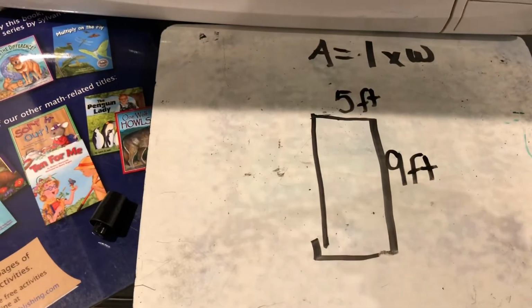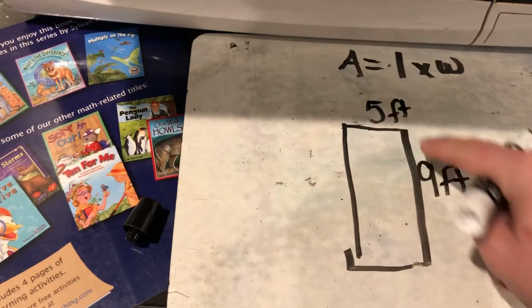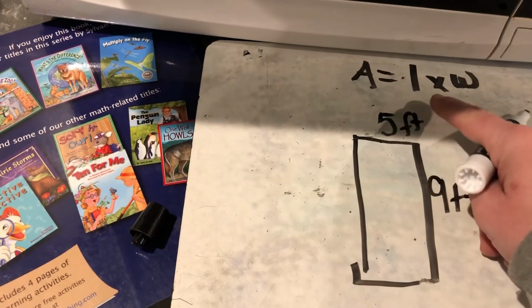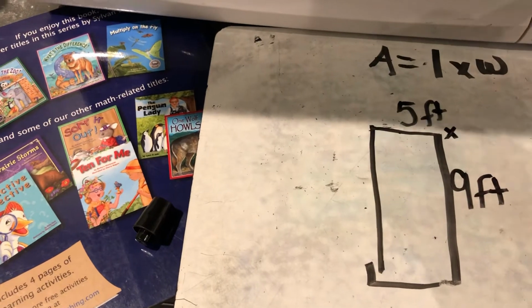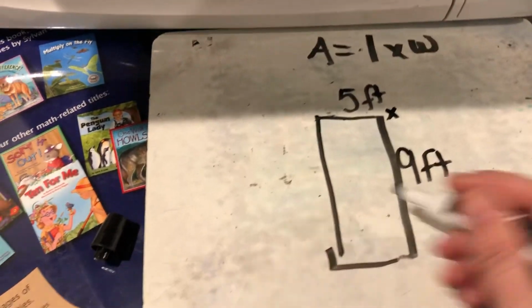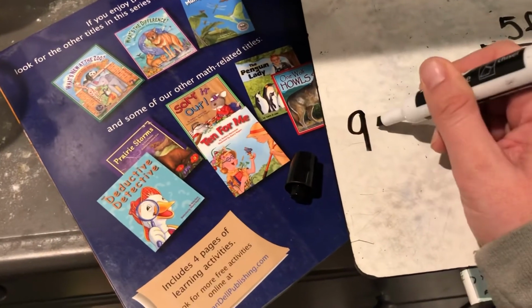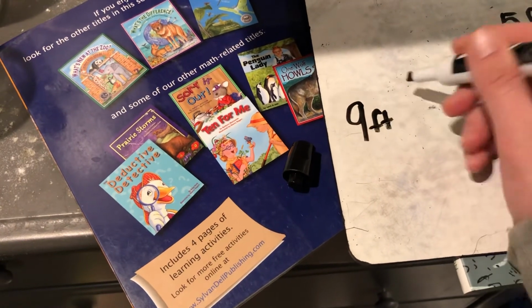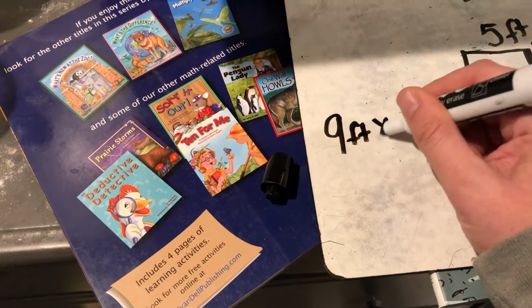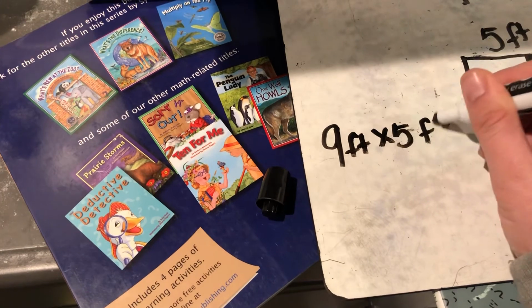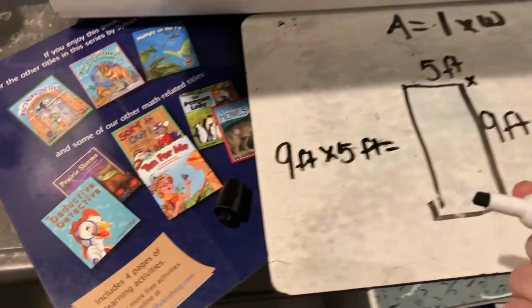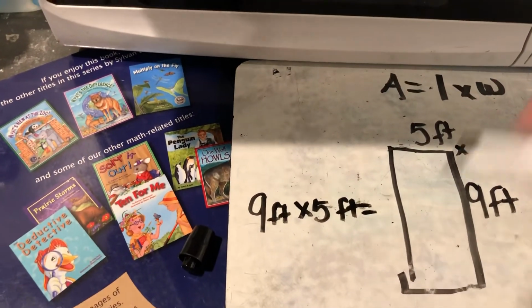All right, so how do we find area of a rectangle? We take the length, the long side, we multiply it. I'm going to make my little multiplication symbol in the corner, times width. So we're going to go 9 feet. Make sure to label, use your measurements, times 5 feet equals, okay, I'm going to do it this way.